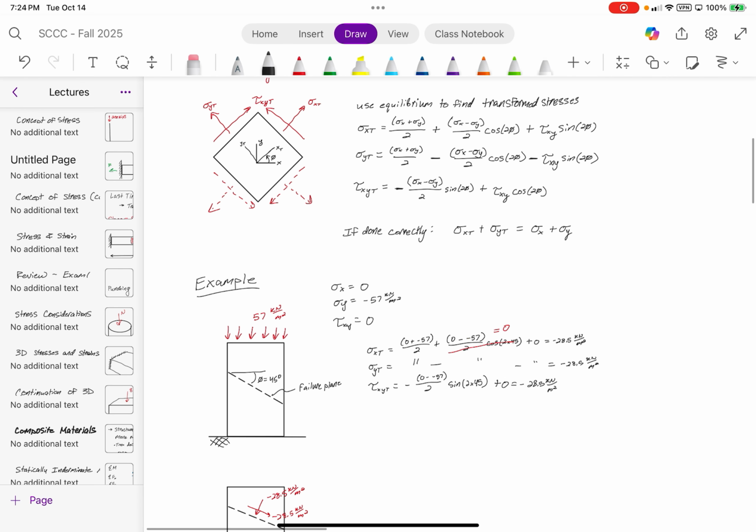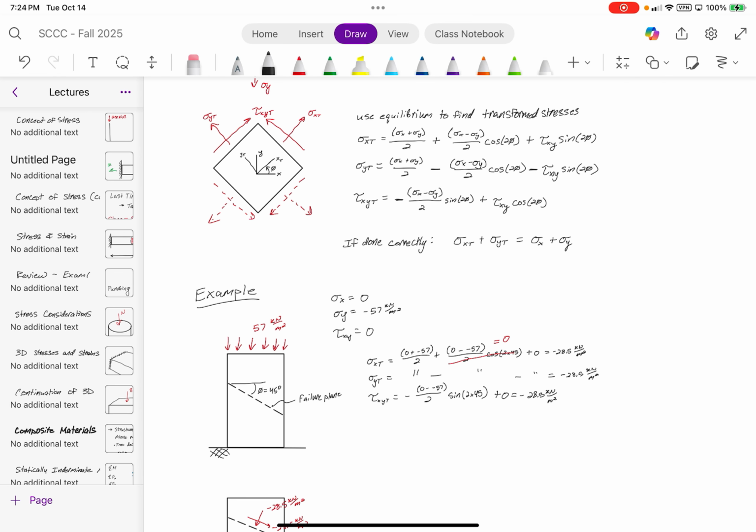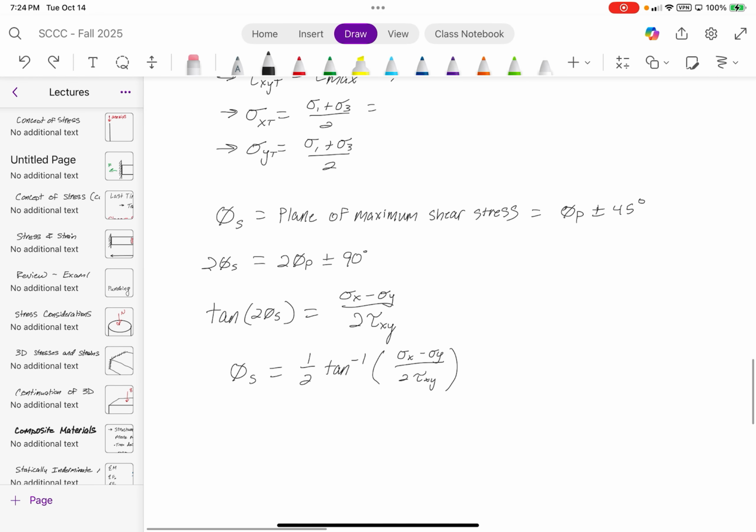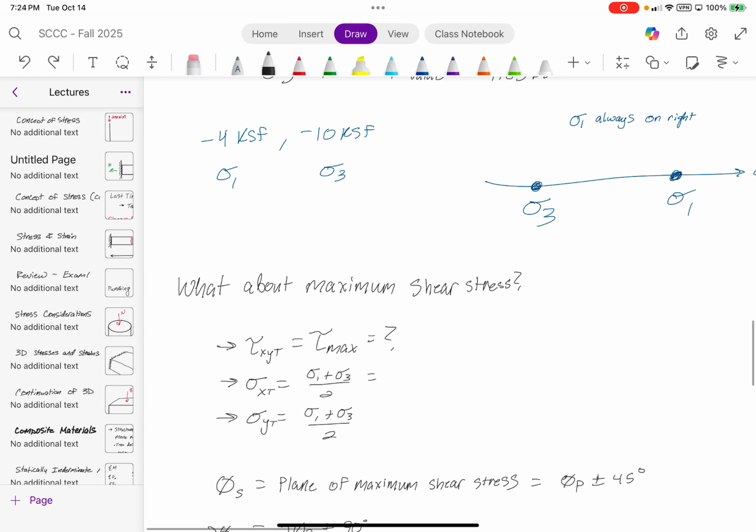One thing I do want to note is we said that if we do the transformations correctly, the transformed stresses always equal the original stresses. Well, the principal stresses are just special transformed stresses. So we can just say that sigma xt for the maximum shear stress is just going to be sigma x plus sigma y divided by 2. Another way of saying this is just the average stress.